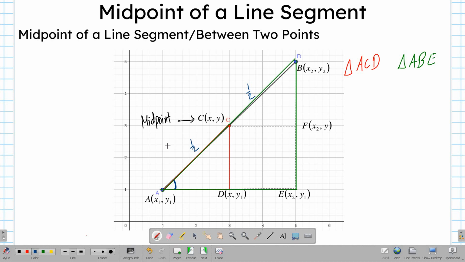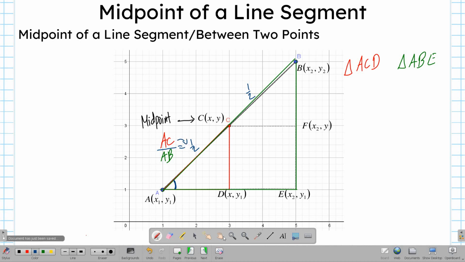So we can say that the ratio of AC to AB is actually equal to 1/2. That's our 1/2 there.